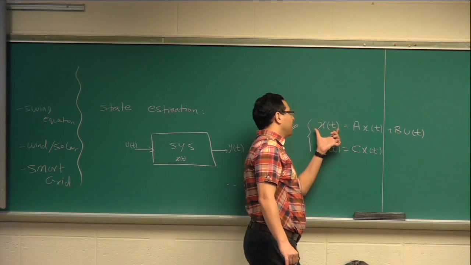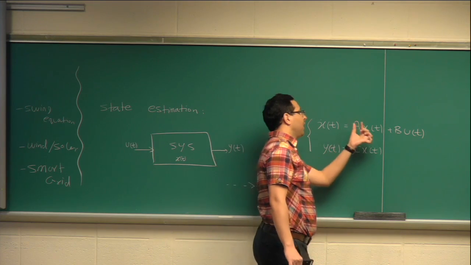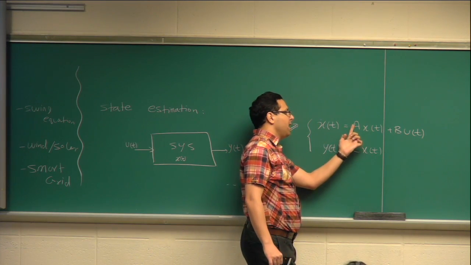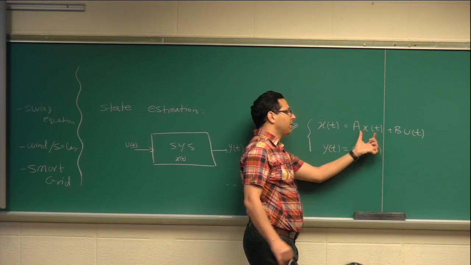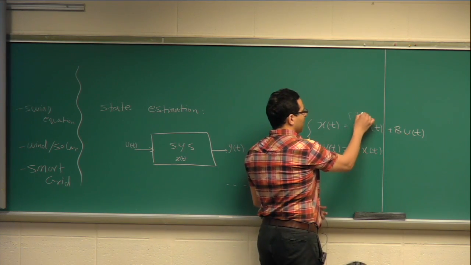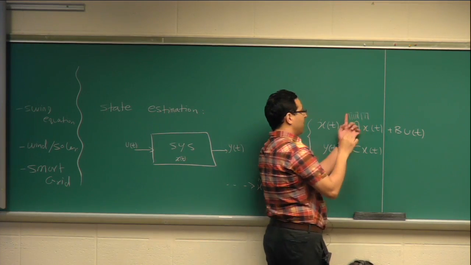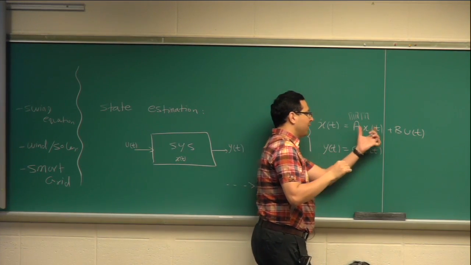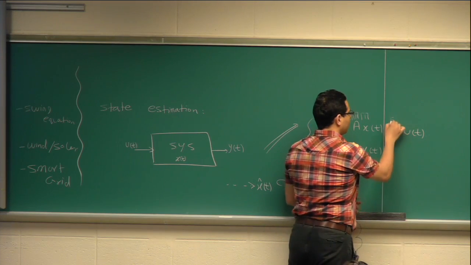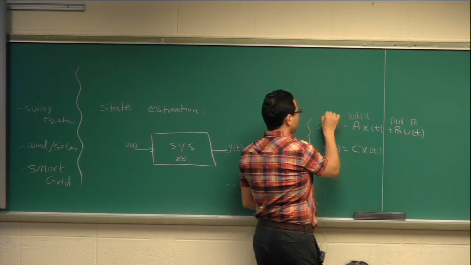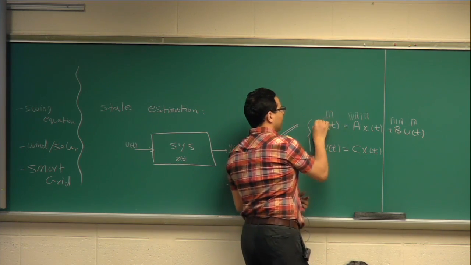The derivative of a trajectory x is a function of x as input in a linear way: a matrix A multiplied by vector x. So this is a matrix, this is a vector, and their multiplication is a vector. The same thing here. Matrix with a lot of columns, this is a vector. Then I'm going to get a vector here, and this is a derivative.